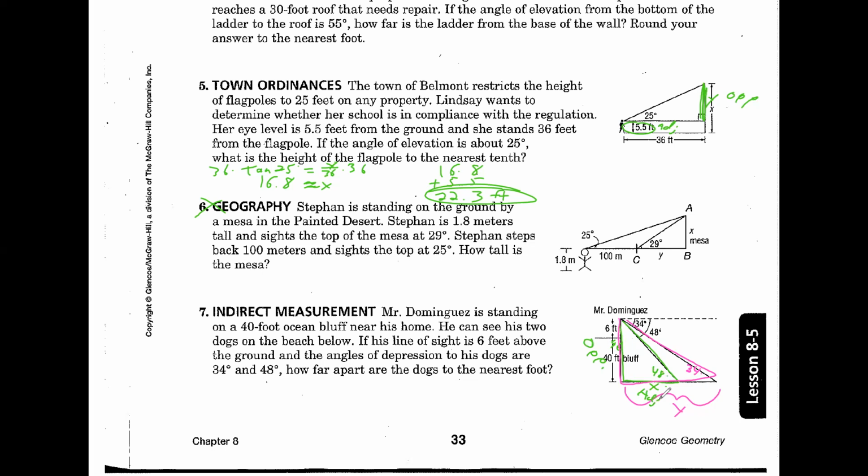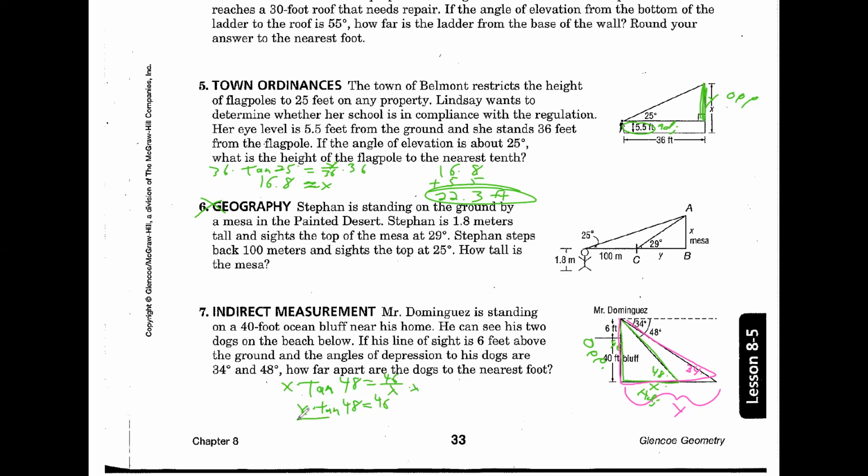For the small triangle, we have tangent of 48 equals 46 over x. We need to solve for x. I'm multiplying it: x times tangent of 48 equals 46.